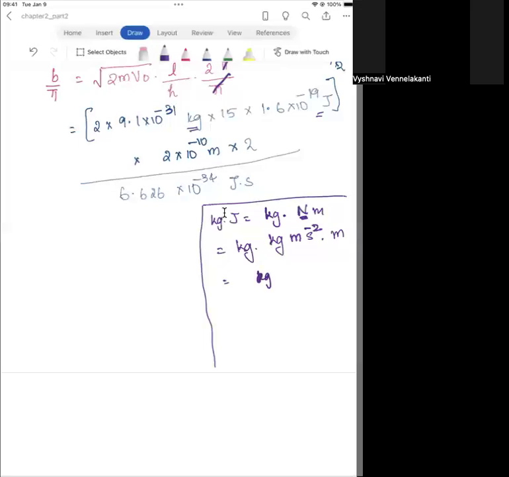So if we look at it, we have kilogram squared, meter squared per second squared. Now, the unit kilogram and joule are under the square root. So when you take the square root of that, you actually get this. Okay, so now let's plug in the values for this and see what happens.